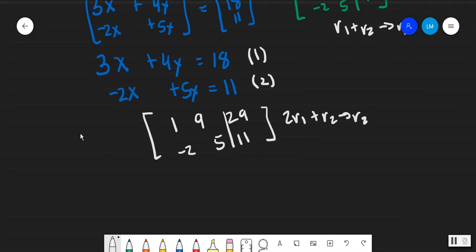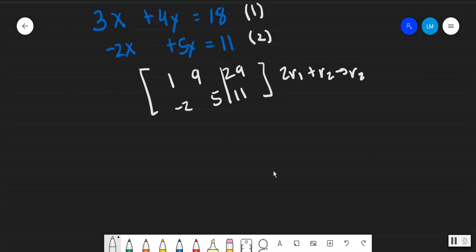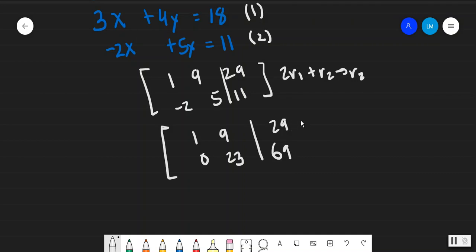So what that'll do is it'll tell us that we have the following. We have 1, 0, 9, 18 is 23, and then that's going to be 58, which should be 69. So we have that that's going to be 29.